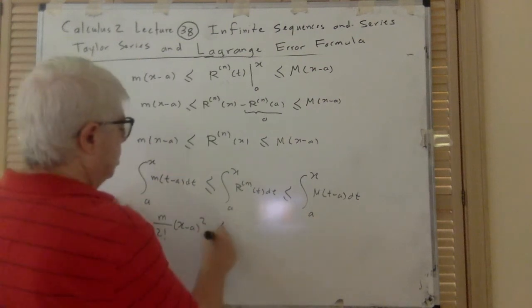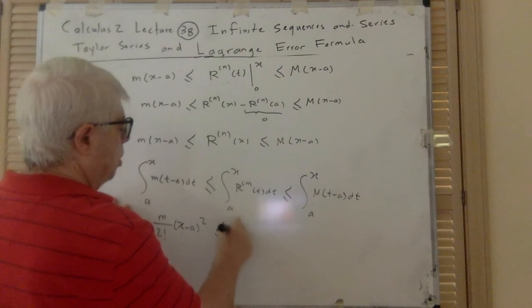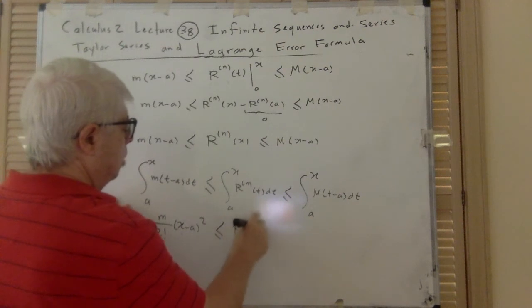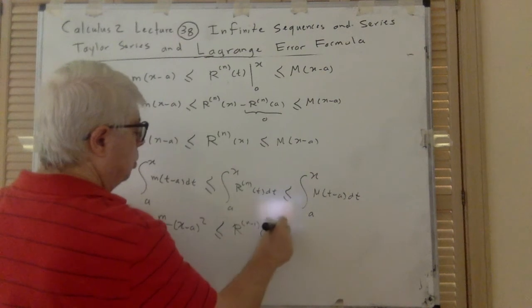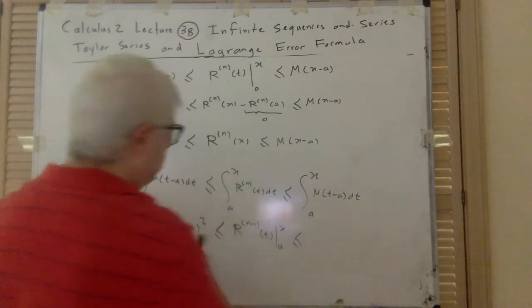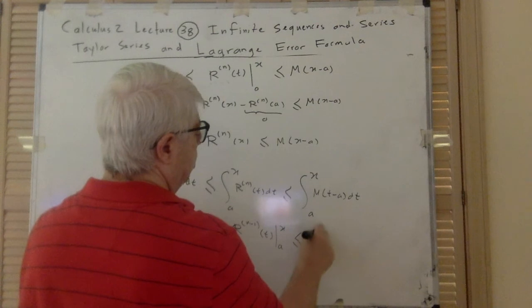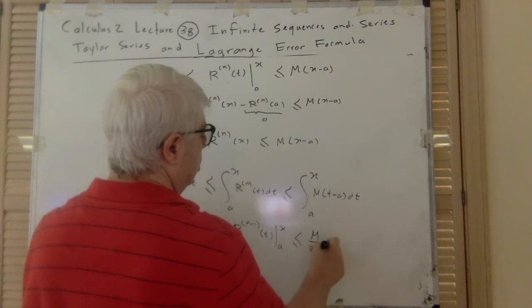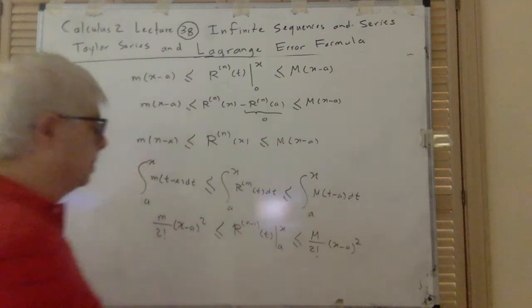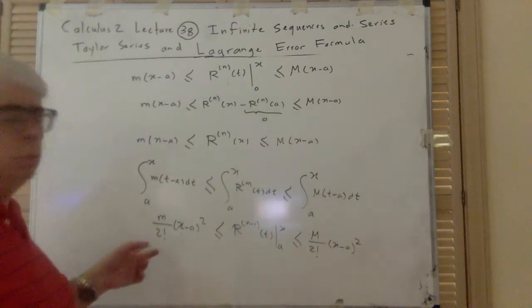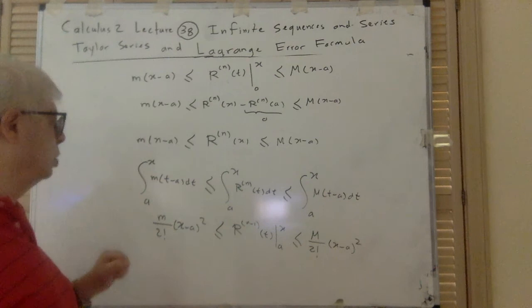And that is less than, what is this? This is r n minus 1 t from a to x, and on this side I have m over 2 factorial x minus a squared. Now I know 2 factorial for some reason, you will see that.